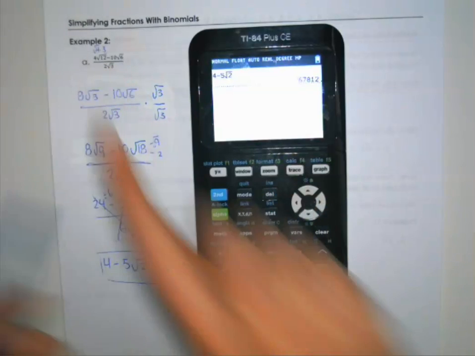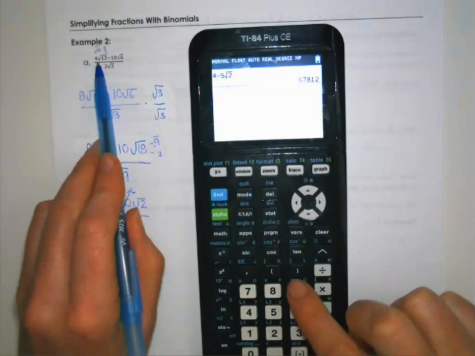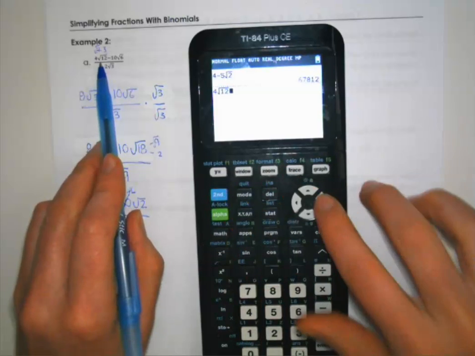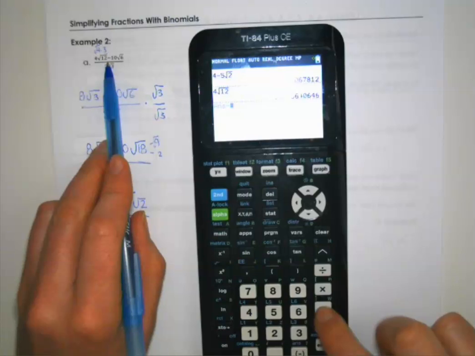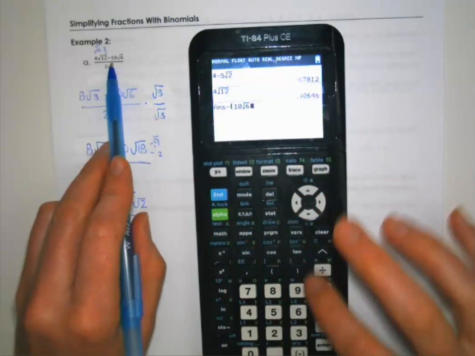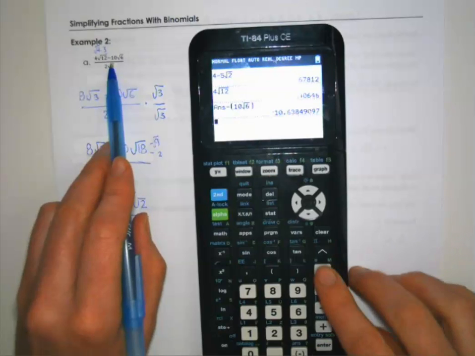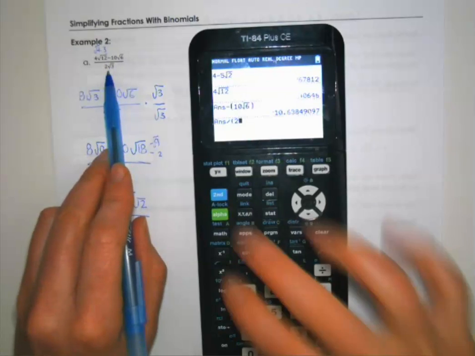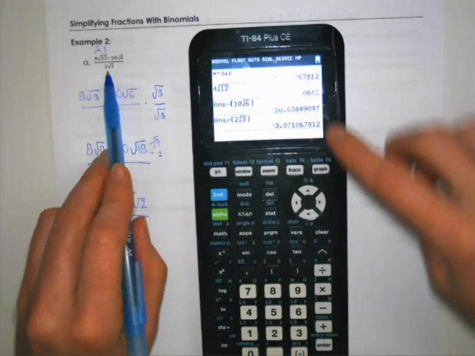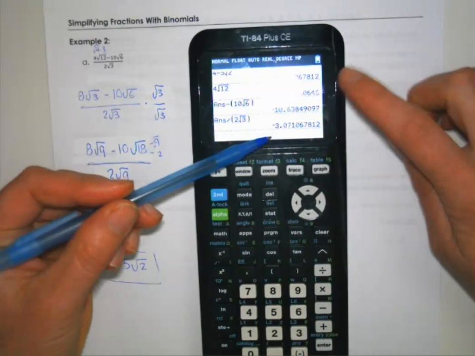If we put in what we had up here, so I would do 4 root 12, I'd hit enter here personally, minus 10 root 6. And then divide that by 2 root 3. And I end up with the same value, negative 3.07.